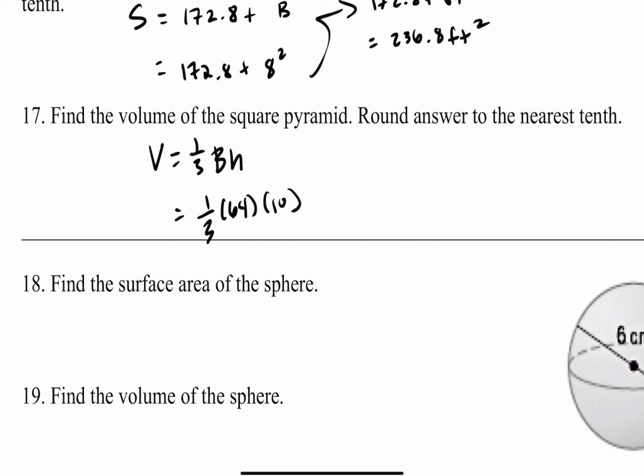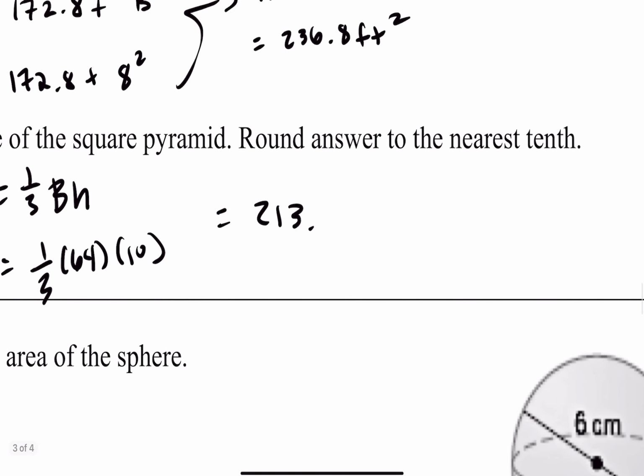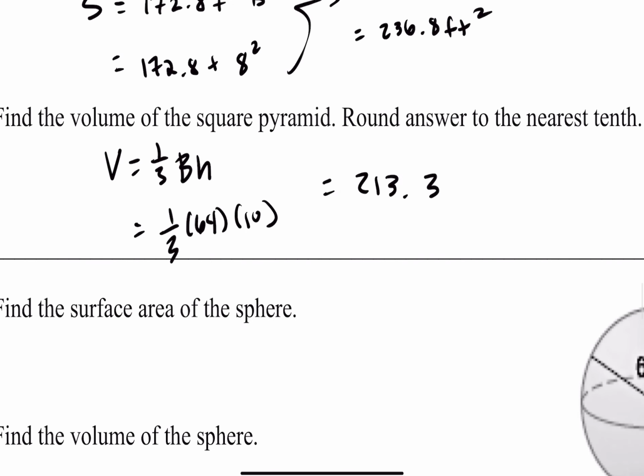And what do you get? You get 213.3333 and so on. Rounding to the nearest tenth, 213.33 cubic feet.